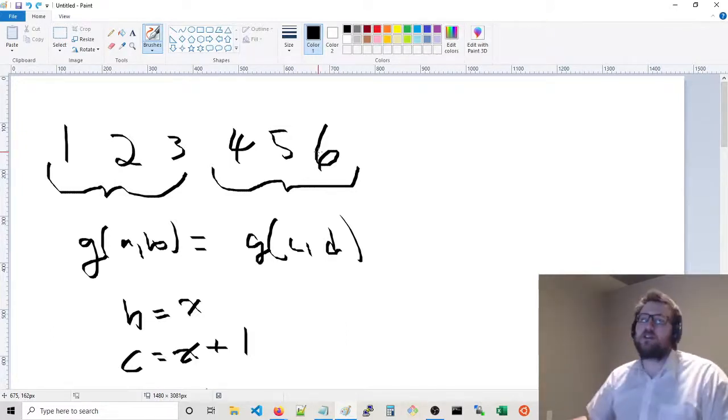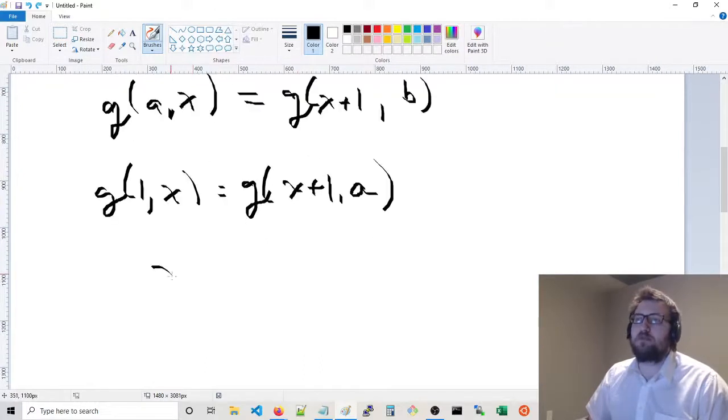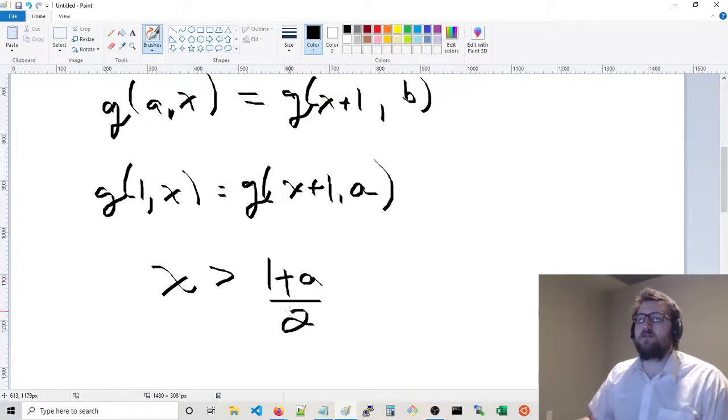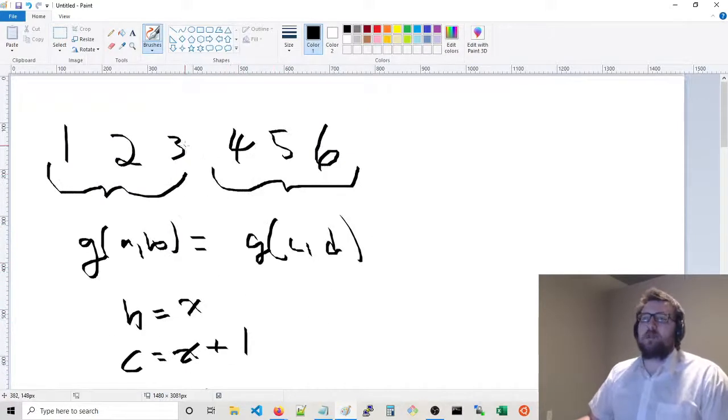So naturally, we expect x to be greater than 1 plus a over 2, right? Which is what you would normally do, just pick a midpoint, either one of these for a binary search.